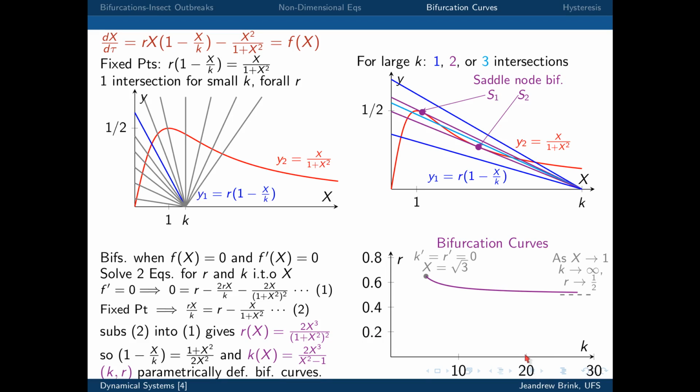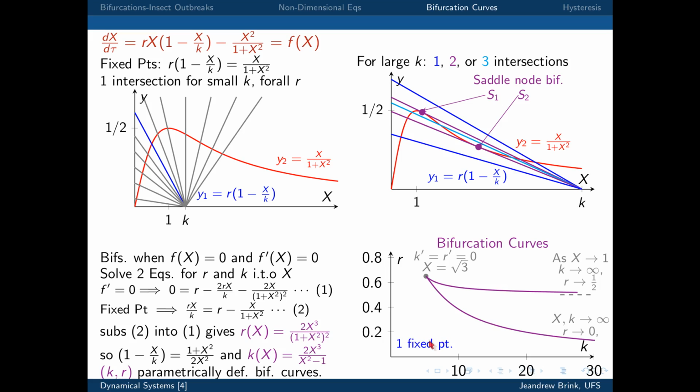So there's another asymptote over here at the line r equals 0. x and k go to infinity, r goes to 0, and 0 is down there. And so you can actually draw the second graph in where you have r equals 0. So these things are the curves, and the only two curves that satisfy this parametric equation, and this is called our bifurcation curves.